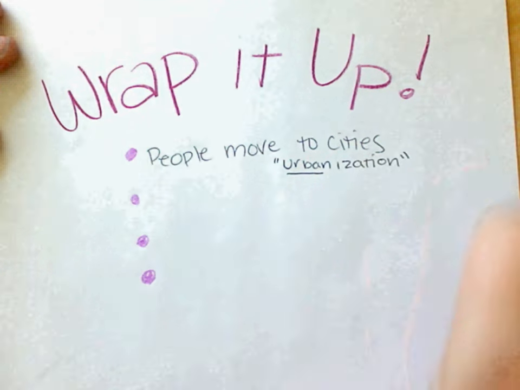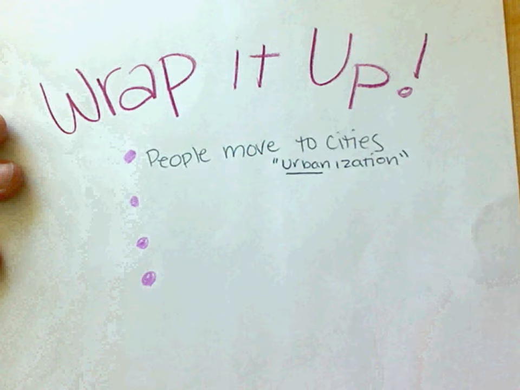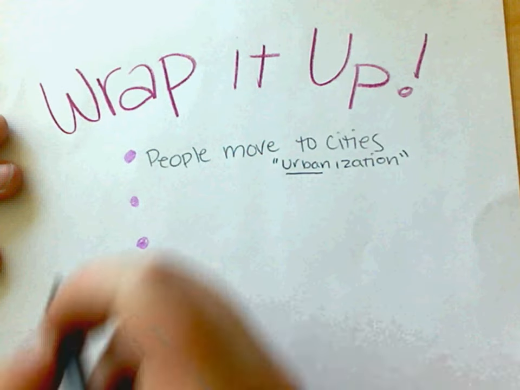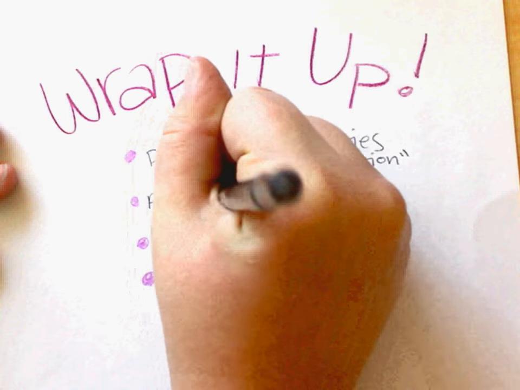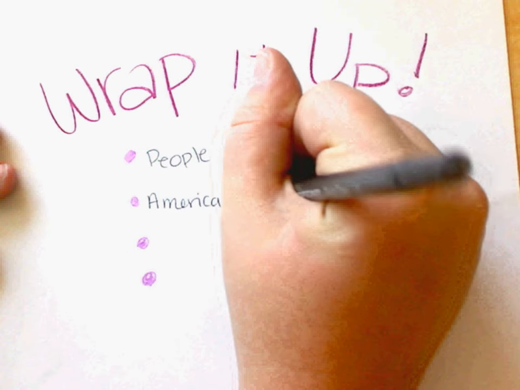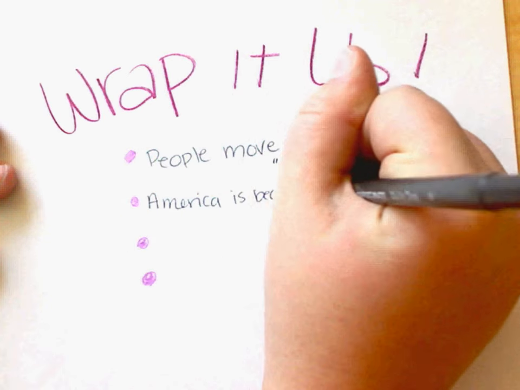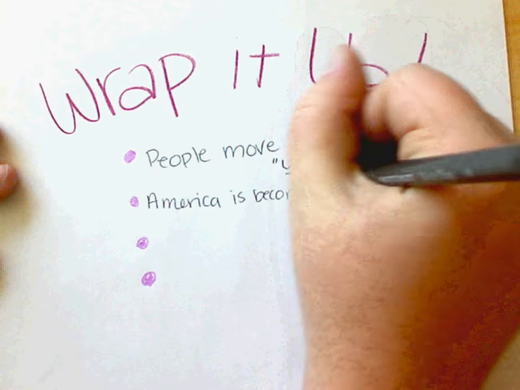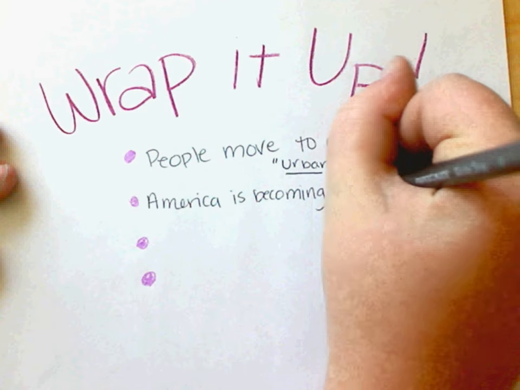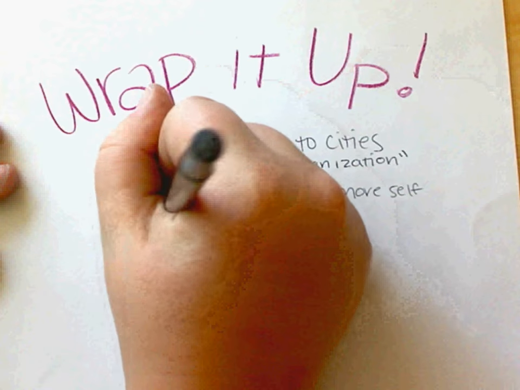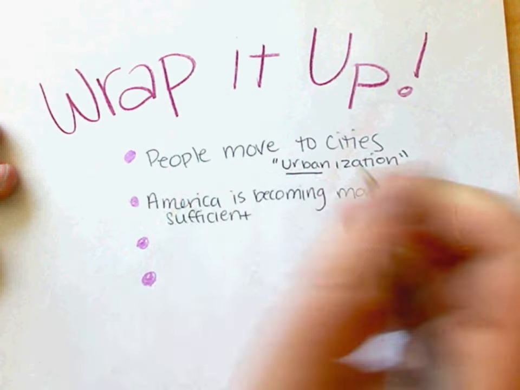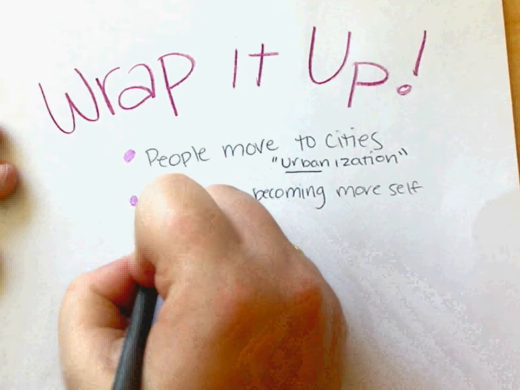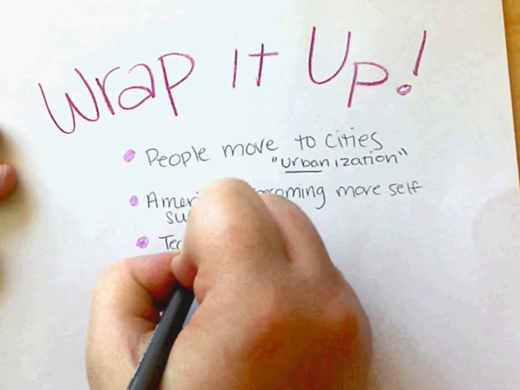America is becoming more self-sufficient. We're not having to rely on other countries to process our goods as much anymore. We can do it ourselves. More self-sufficient. Technology is on the rise, and this last one is a big one.